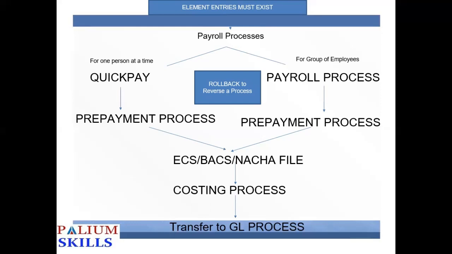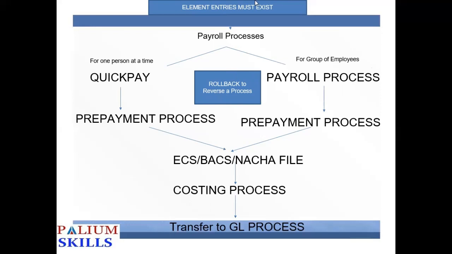Or if there is a future process, it will not allow you to roll back. For example, suppose I have run the payroll process, the prepayment process, and then the costing process. Now, if I want to roll back the payroll process, I first need to roll back the costing process, then roll back the prepayment process, and only then will I be able to roll back the payroll process.